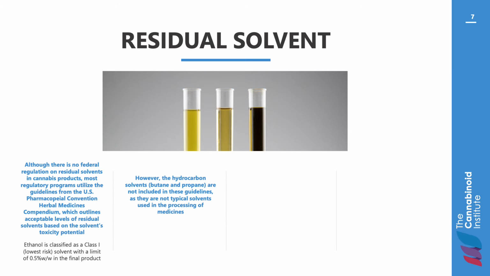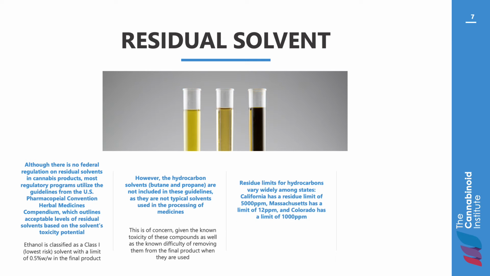However, the hydrocarbon solvents are not included in these guidelines, as they are not typical solvents used in the processing of medicines. This is of great concern, given the known toxicity of these compounds, as well as the known difficulty of removing them from the final product when they are used.